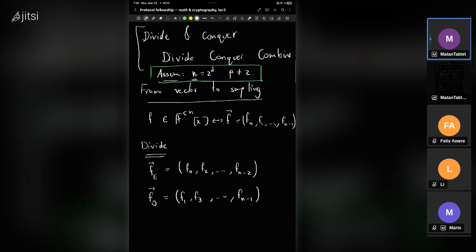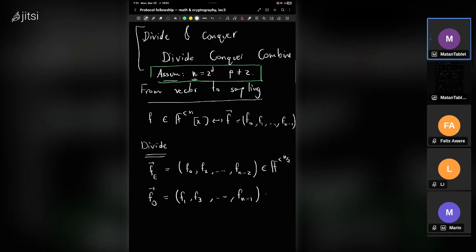And I observe, so these guys live in F less than n over 2.